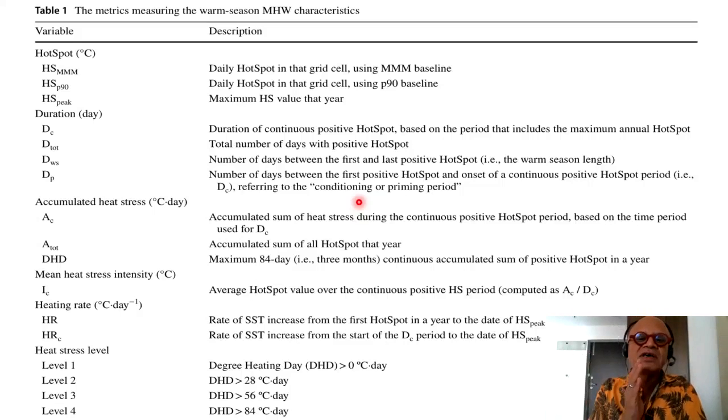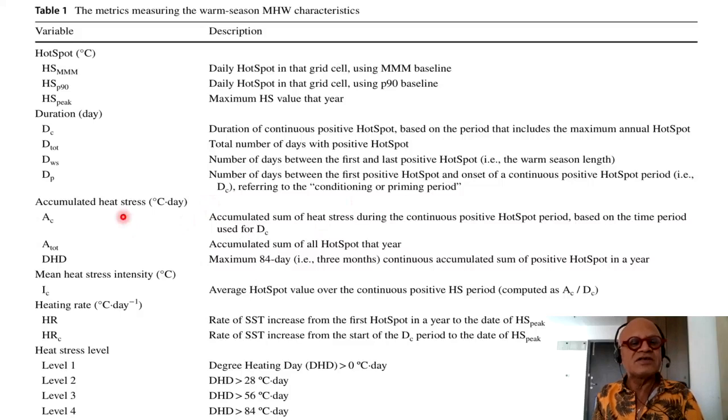This is called conditioning or priming period, which is based on the assumption that a sub-lethal heat wave will prime the system like a coral to get ready for what may be coming. It's like saying when the summer is going to arrive, the first warm day may allow us to bring out our summer clothes, let's say. Okay, very vague metaphor, but there it is.